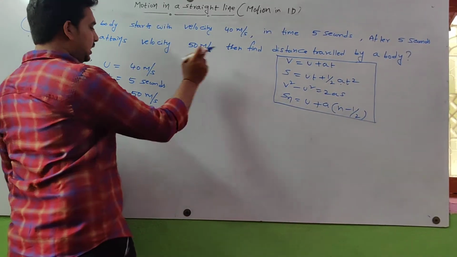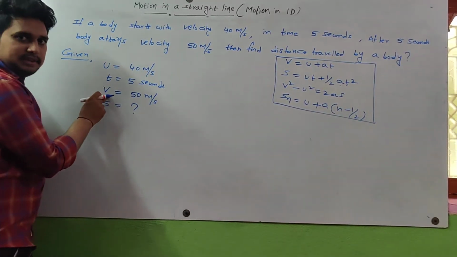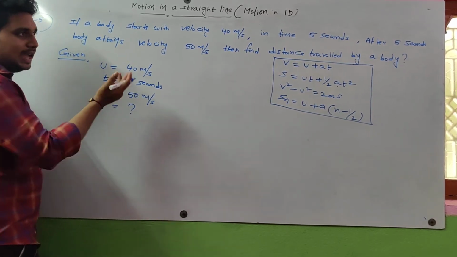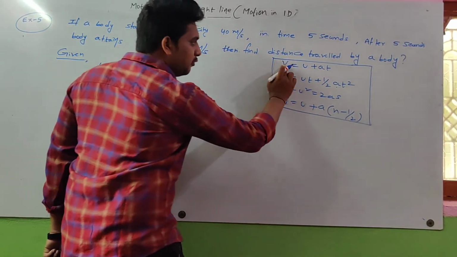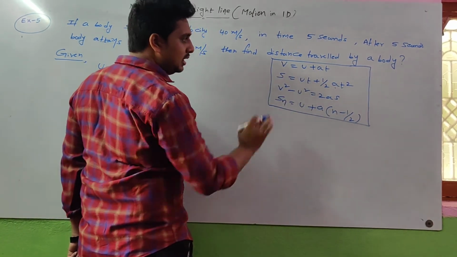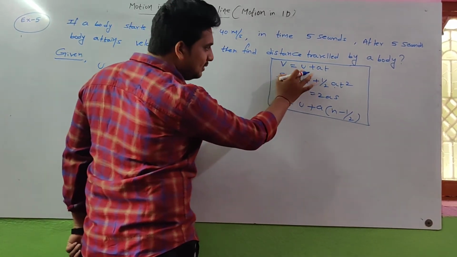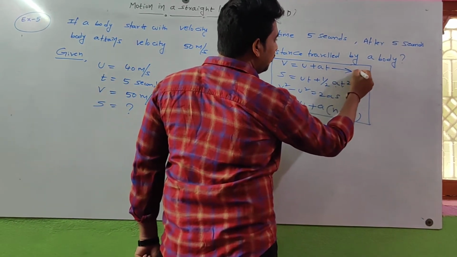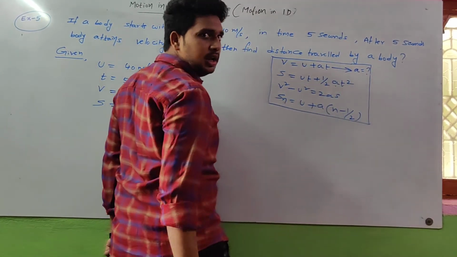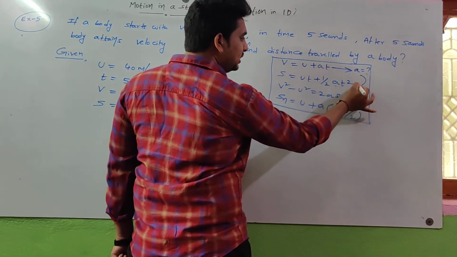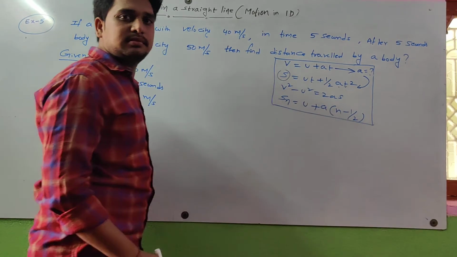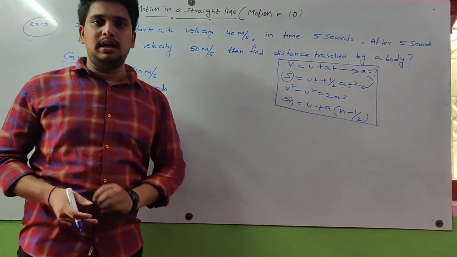Here v value is given, u value is given, t value is given. From this you find the a value, substitute in the second equation, and you get the s value. I hope you understood this.